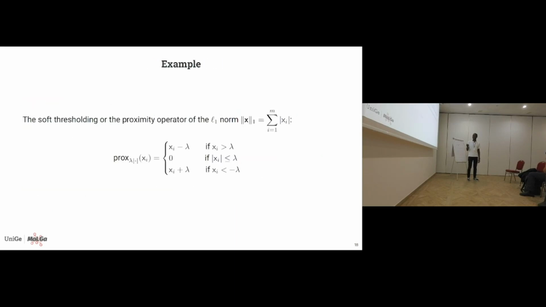For example, usually when you say prox, in practice it's the lasso, the L1 norm, which we use a lot. We don't add additional cost. For an iteration, the cost is the same as the previous algorithm in the literature.